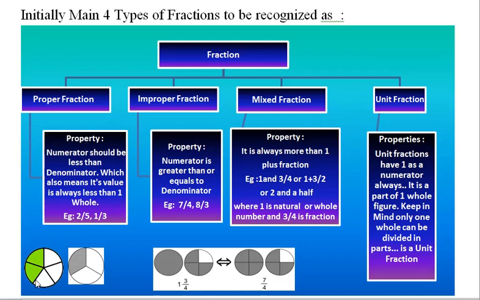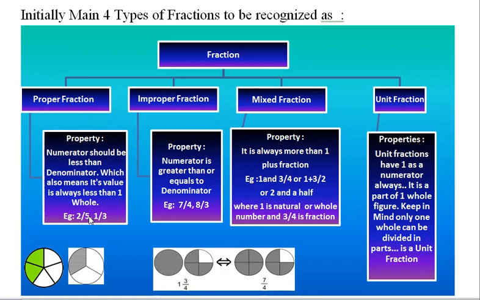This object is 1 whole that has not been used fully. Only 2 portions out of it, like a pizza. We have 1 pizza, and out of that we have eaten only 2 slices of pizza. So this proportion, 2 out of 5 equal parts, is referred to as a proper fraction.